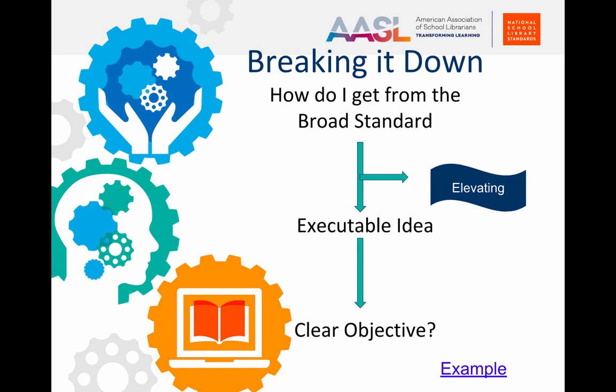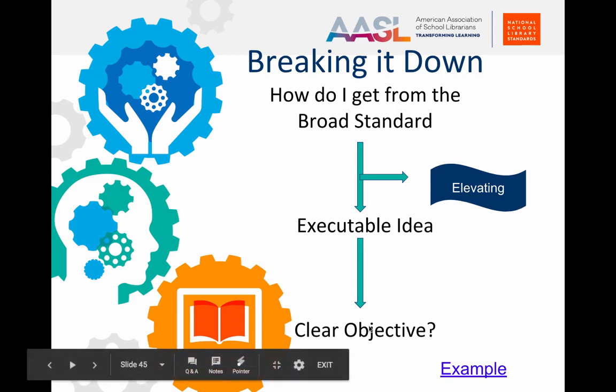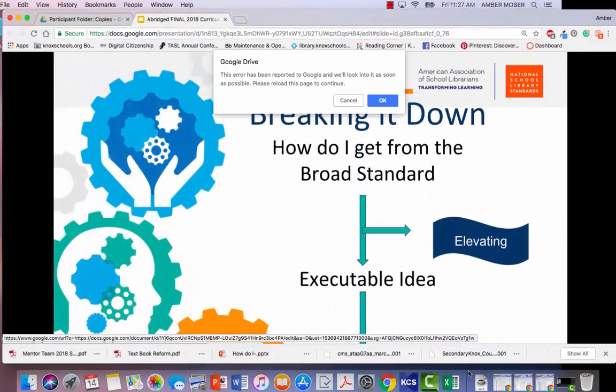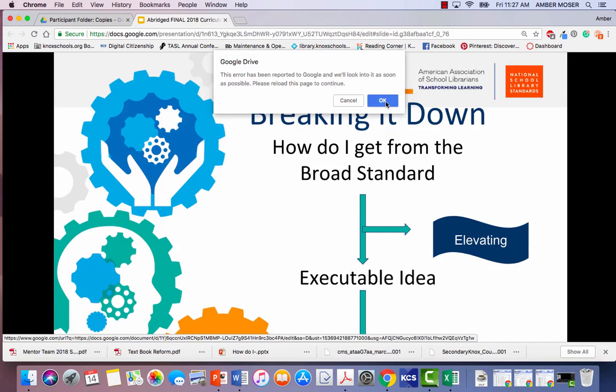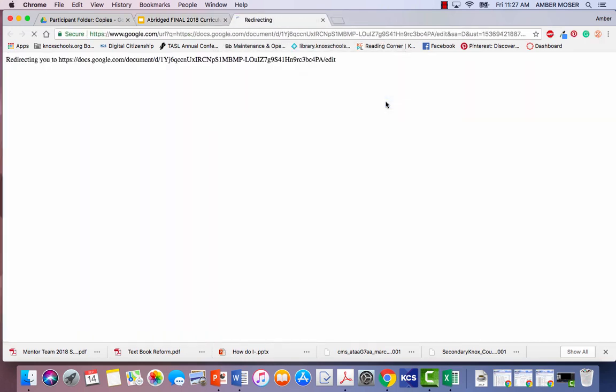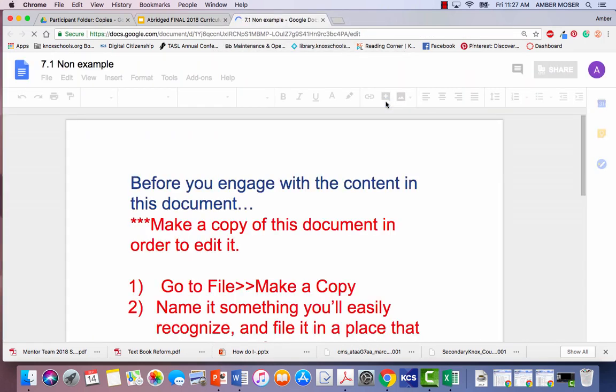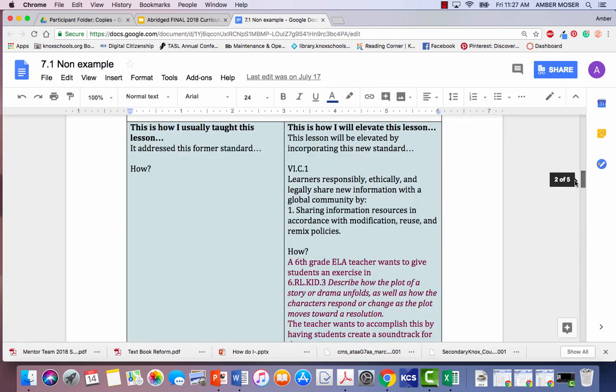We're going to put all those together in the pursuit of a clear objective. So let's take a look at an example. Let's just take a look over here at the right side. I'm going to show you a lesson plan that I drafted, and we're going to see if we can find some flaws in it.